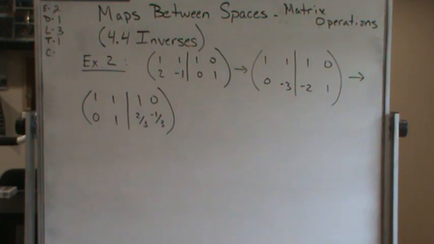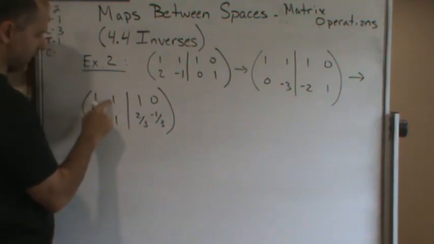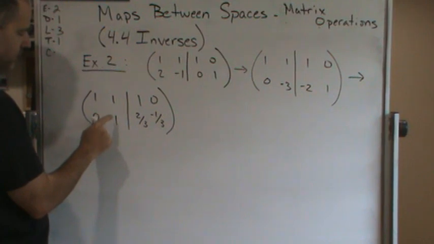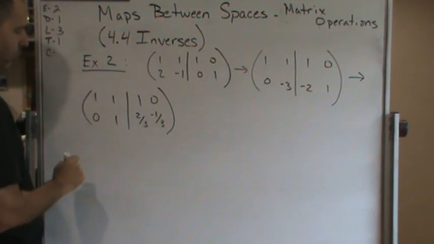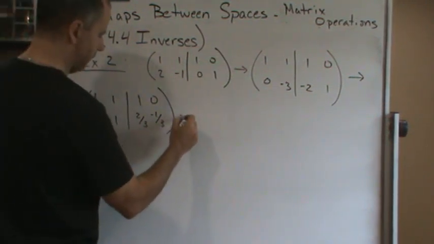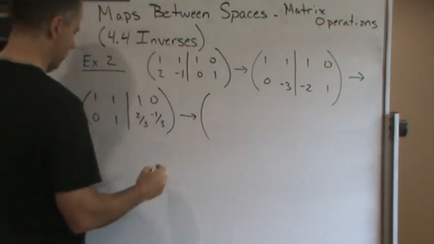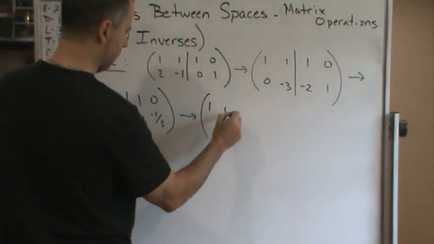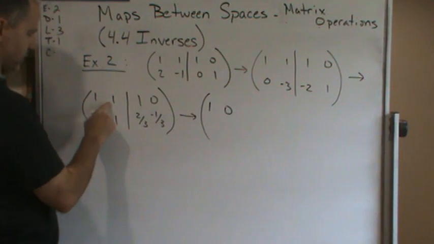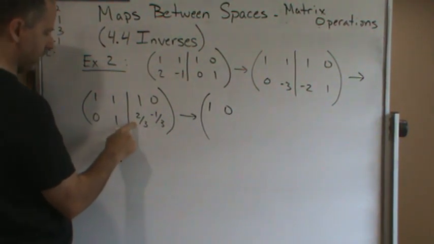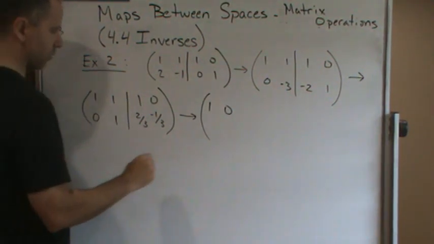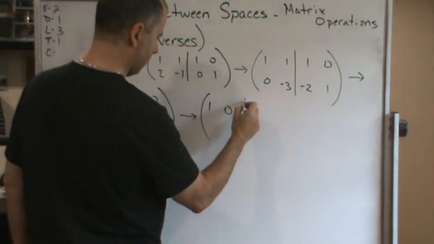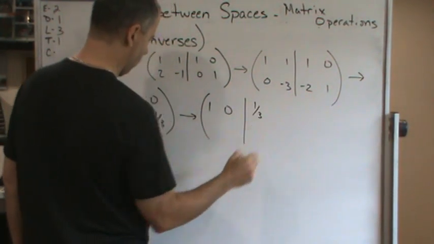And now we've got to get rid of this. This has to be a 0, so we're going to multiply this by -1 and add it to row 1. Okay, so if we do that, we get 1, 0. So this is going to be 0. And then -2/3 plus 1 is 1/3.